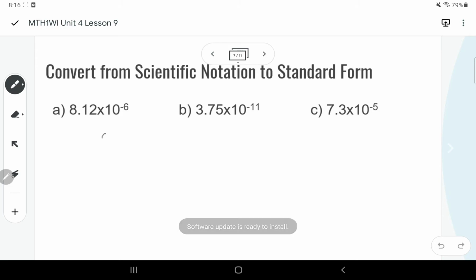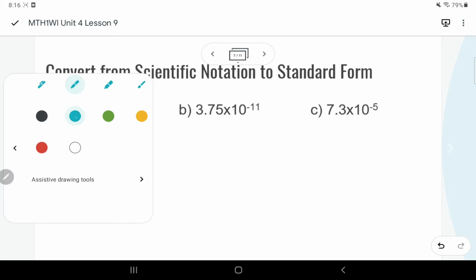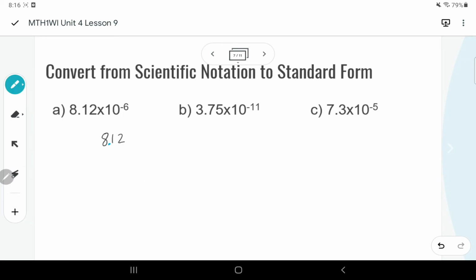So here I've got 8, 1, 2. I'm just putting those numbers there. And then I see I have to move this decimal 6 times. So it started here between the 8 and the 1. I'll move it 1, 2, 3, 4, 5, 6. And that's where the new decimal would go.